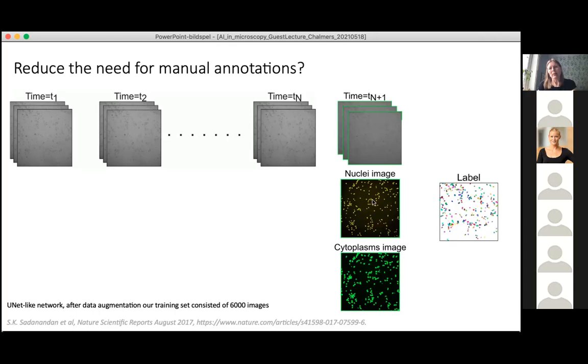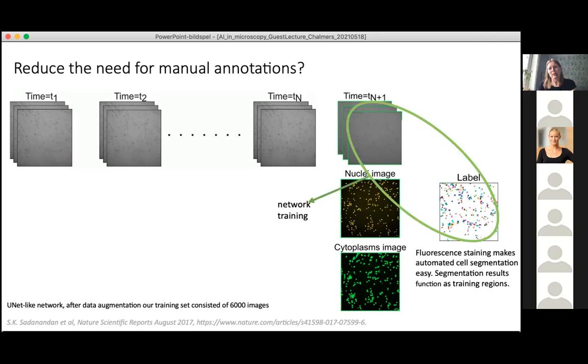But these labels then match the last time frame in our cycle of unstained cells, meaning that now we have the ground truth for the last cycle in our time lapse. This means that we can combine these two to train a network to detect cells also that are unstained.